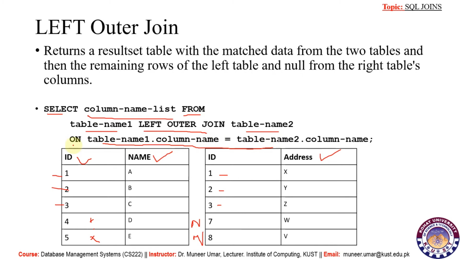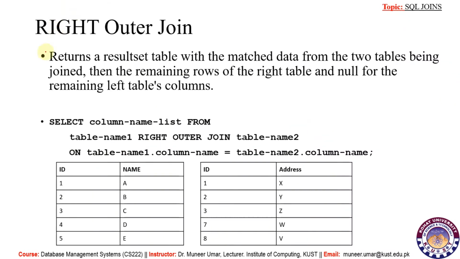We will also supply a keyword on before this matching or before this condition. Right outer join is similar to left outer join. The only difference is that we will consider the right table, and in previous case we were considering the left table as a key table. Rest of the things are same, but the result would be a bit different.